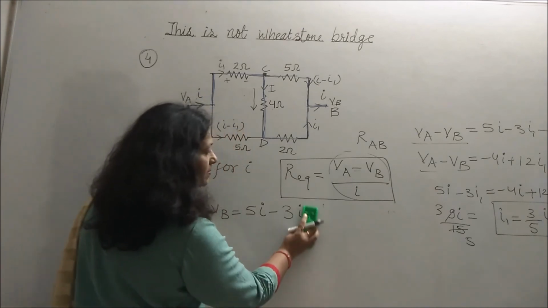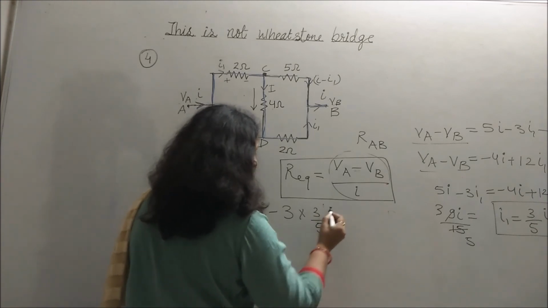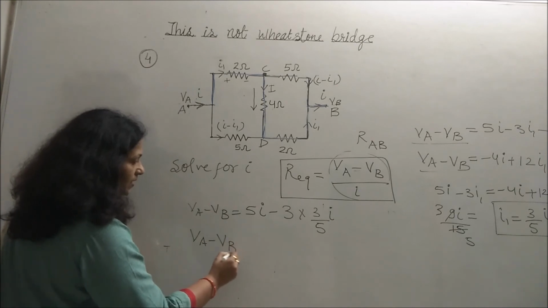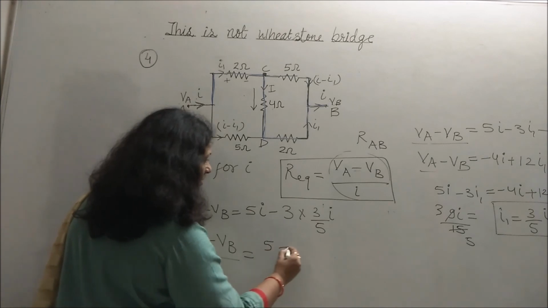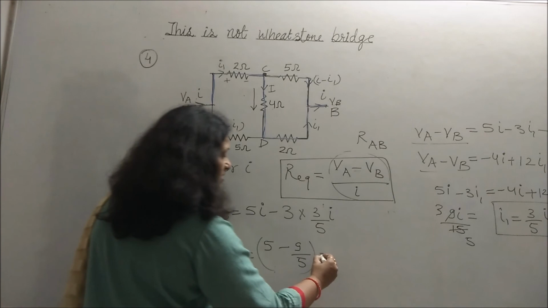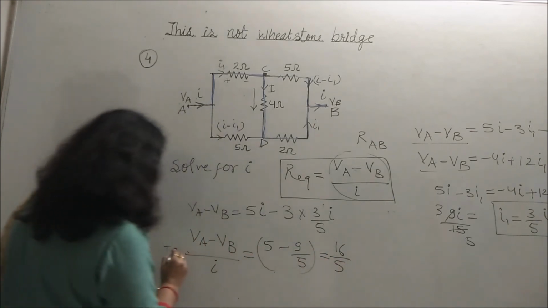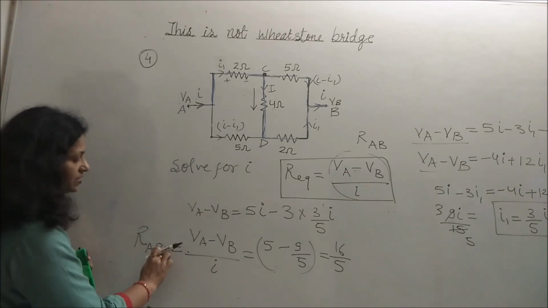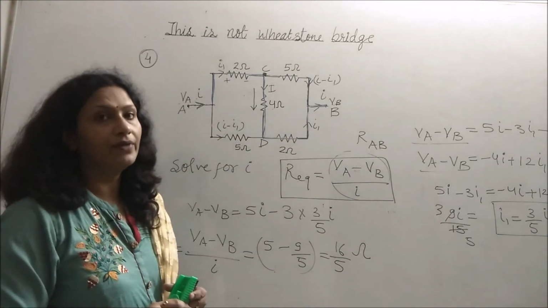Replace this I1 by 3 by 5 I and solve for VA minus VB divided by I. So what is left here? 5 minus 9 by 5. Simplify this: 25 minus 9, that is 16 by 5. It is nothing but our RAB, the equivalent resistance, that is 16 by 5 ohm.